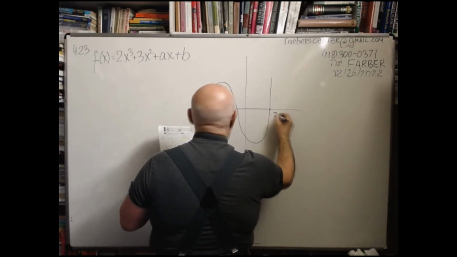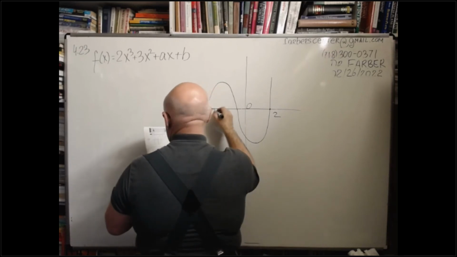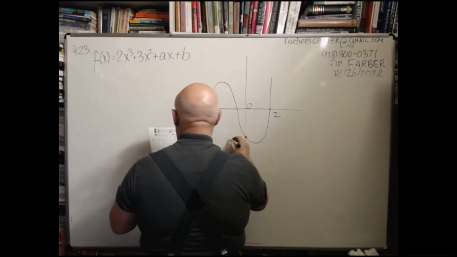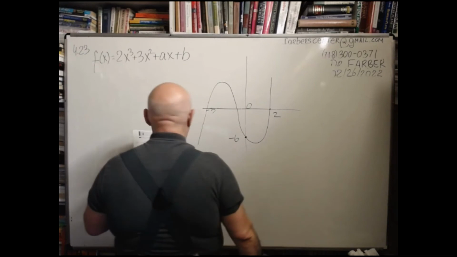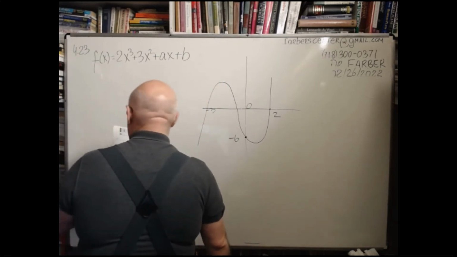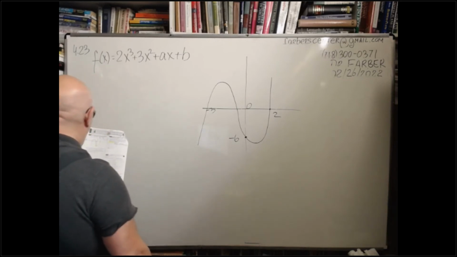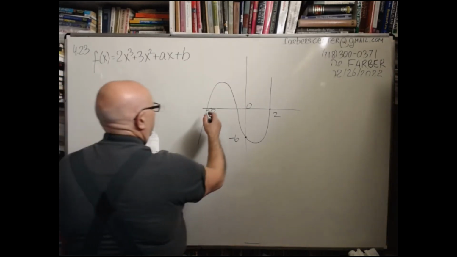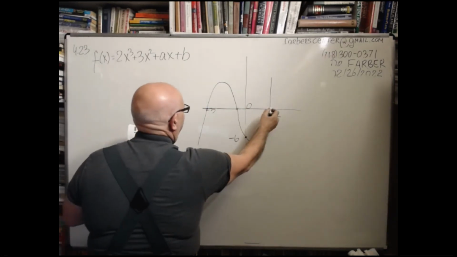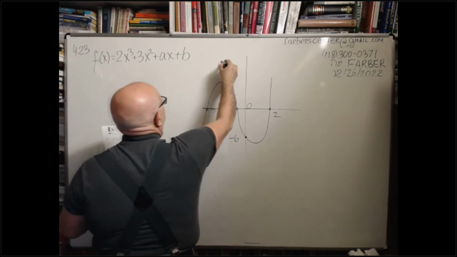This is 2, 0, -3, -6. Okay, this is my graph. a and b are constants, and it intersects x in 3 points: 1, 2, 3. Let's find a.